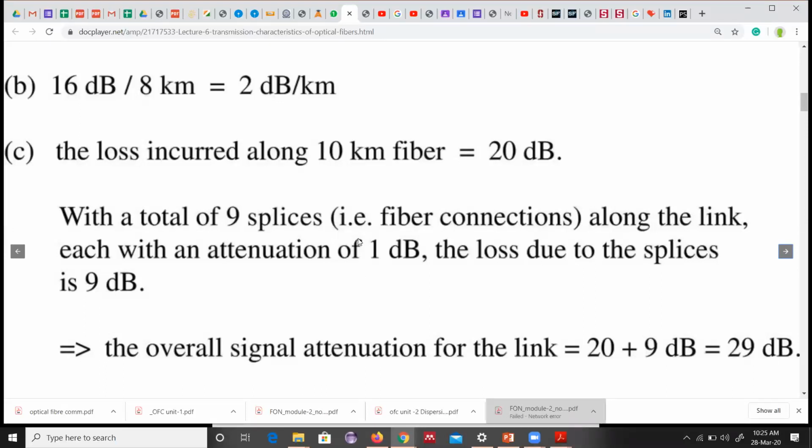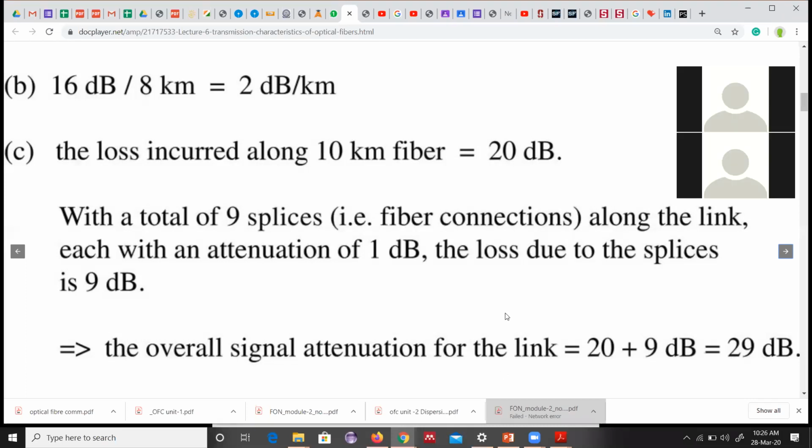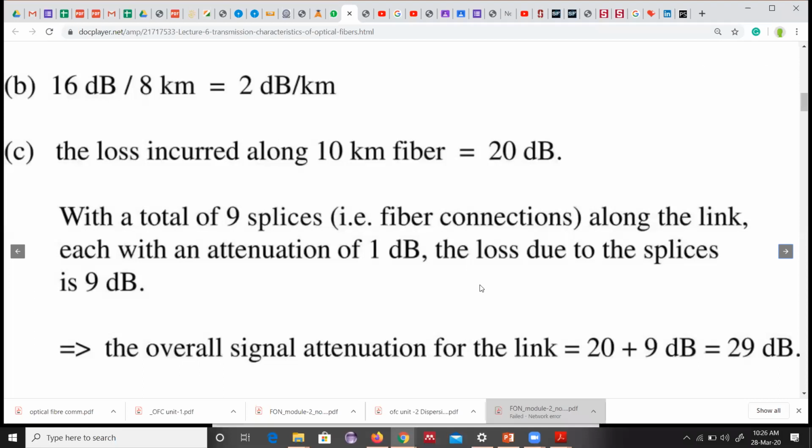Each splice is going to introduce a loss of 1 dB, so 9 splices into 1 dB will give you 9 dB as attenuation loss due to splicing. Loss because of the fiber is already 20 dB, and loss because of splicing is 9 dB. Overall signal attenuation will be 20 plus 9, that is 29 dB. That's the overall attenuation loss after you have placed the splicing for every 1 kilometer.